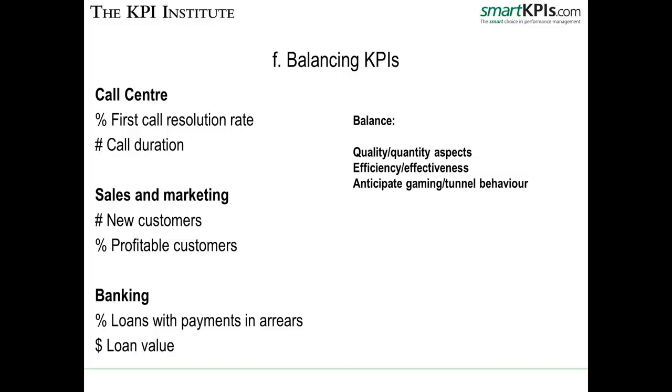For example, for call centers, a very popular KPI is first call resolution rate. This is about ensuring that every time a customer calls, that call is resolved the first time without asking the customer to call again. Well, the danger here is to spend too much time over the phone resolving such problems that customers are faced with.